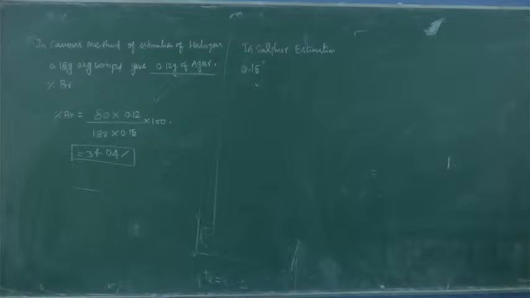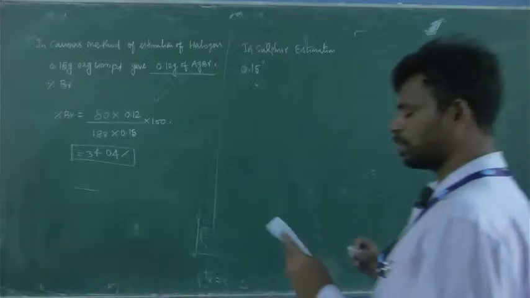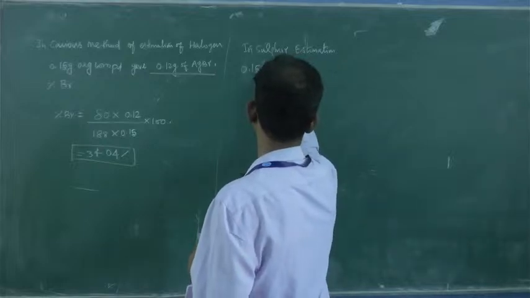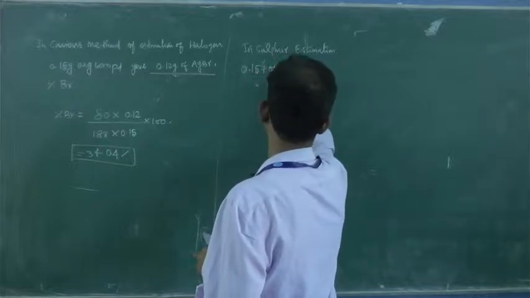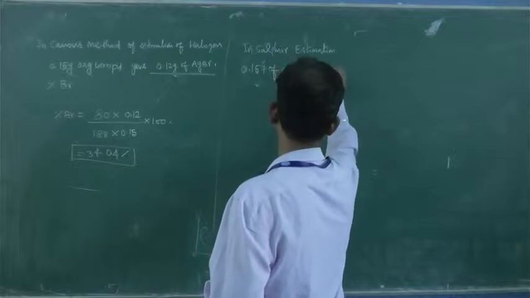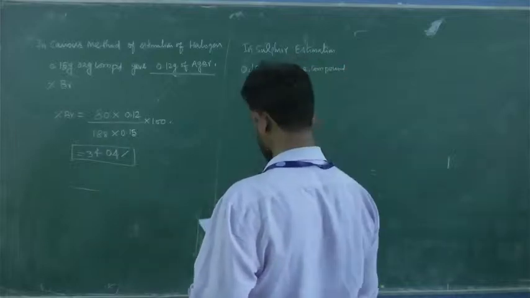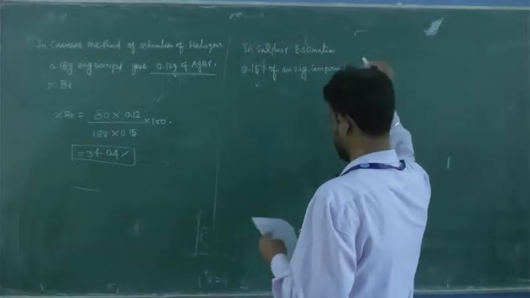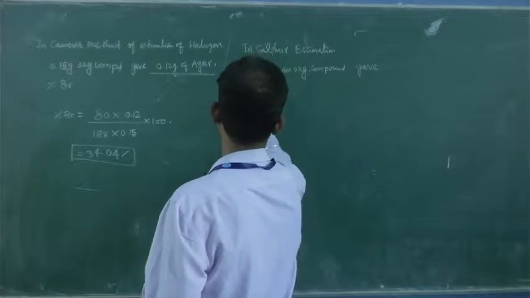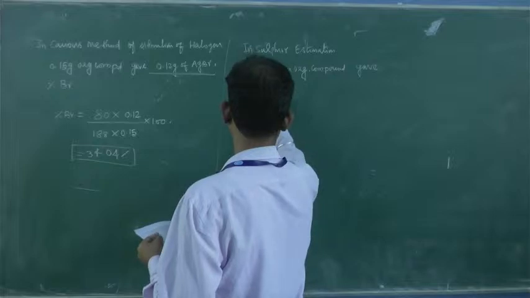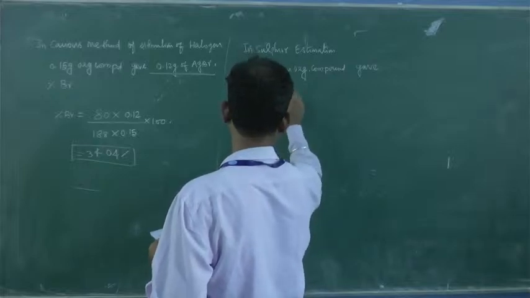In sulfur estimation, 0.157 gram of organic compound gave 0.4813 gram of barium sulfate.